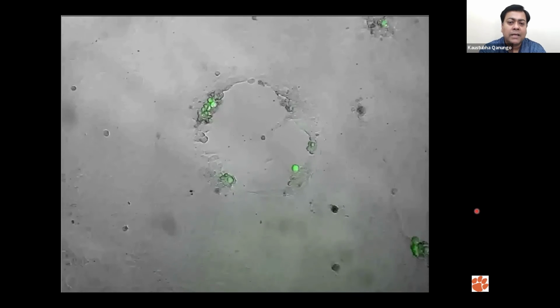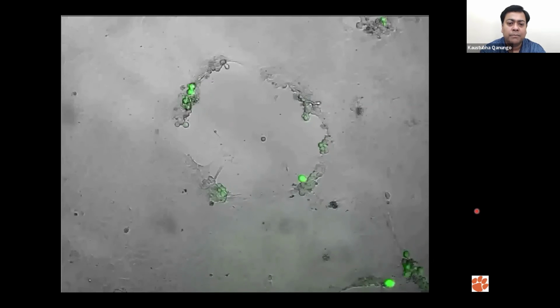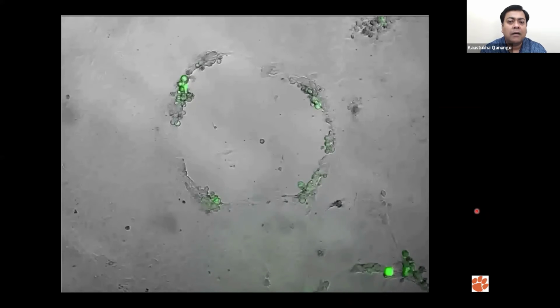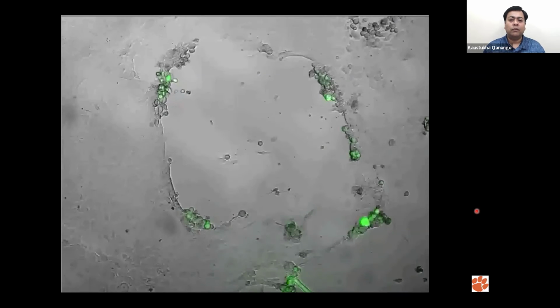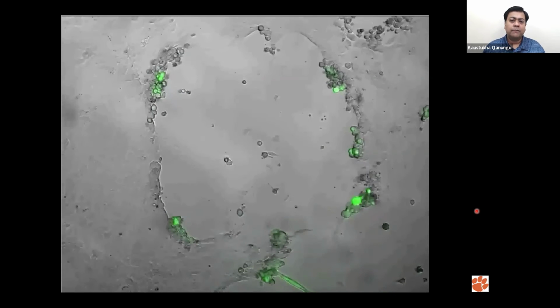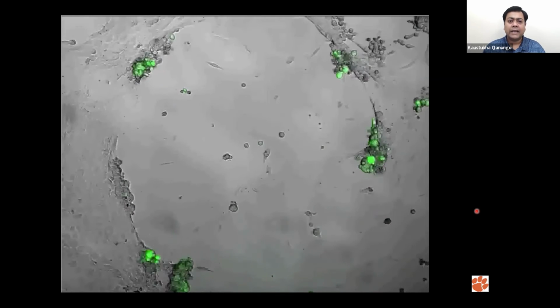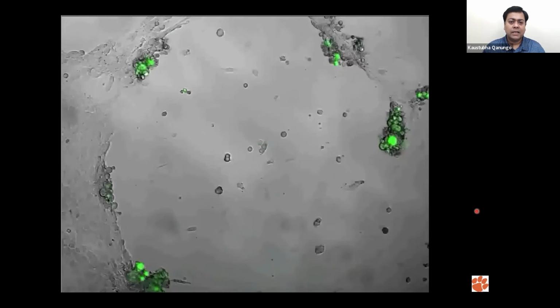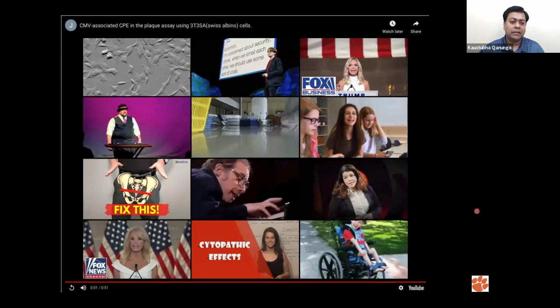As the viruses express that green fluorescent protein, these cells have those green fluorescences as well. The green fluorescent protein is just a reporter protein that is present in those cells. Isn't that amazing, how a plaque is formed? And this is basically how the plaque is formed in a cell.